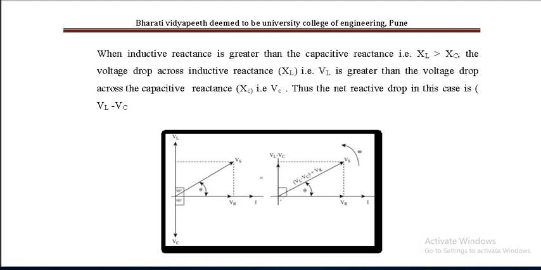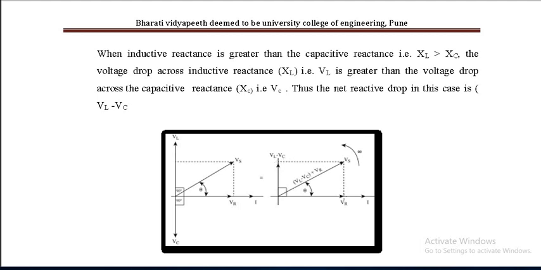Now it would have been exactly vice versa if it were a capacitive dominant circuit. Since it is an inductive dominant circuit, VL is greater than VC, so we have VL minus VC on the positive y-axis. VR is there and VL minus VC is there.